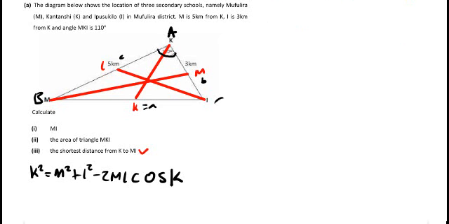Now, what you just do, you just start substituting your values. Our small letter k we don't know, so we just write k squared equal to our small letter m, which is 3 kilometers, so you just write 3 squared because it is squared like that, and then you get your l to be 5.